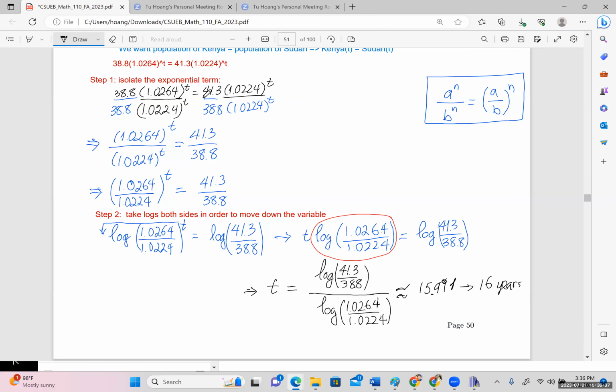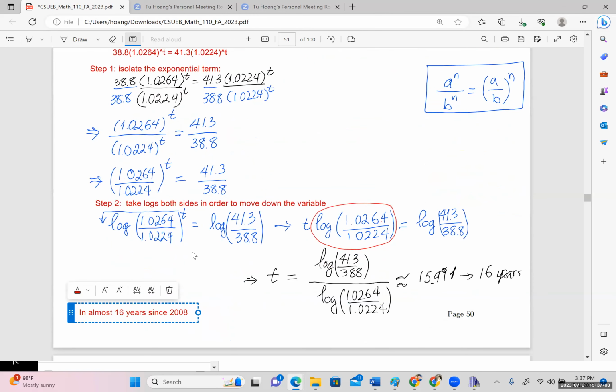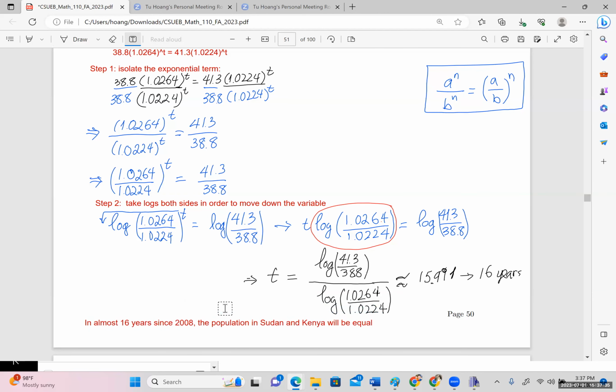Then you will say in almost 16 years since 2008, because we start from 2008 here as the initial, the population of students in Kenya will be equal. Okay. So this is going to be it.